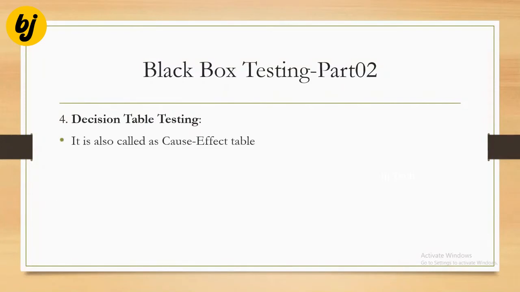This is also called a cause effect table. That means the effect on the application, how it behaves, if we give different kinds of inputs. Based on the given inputs, how the application behaves is represented in tabular format. That is called decision table testing or cause effect table.